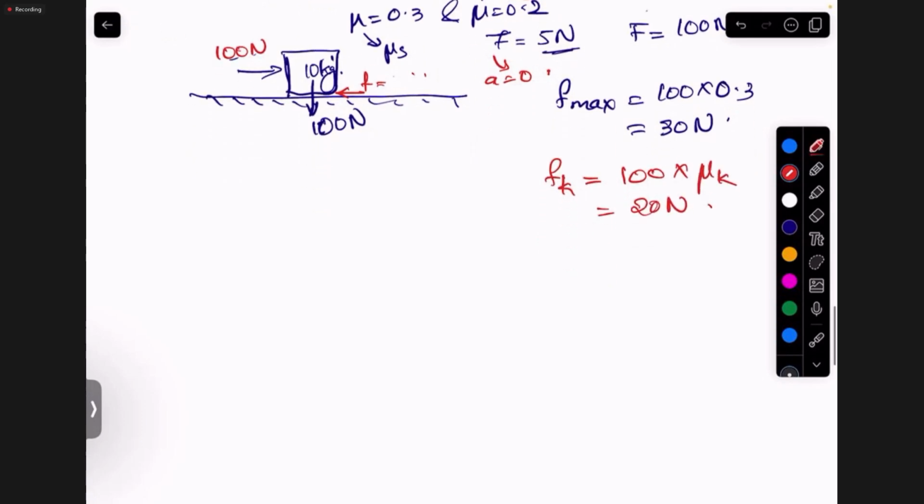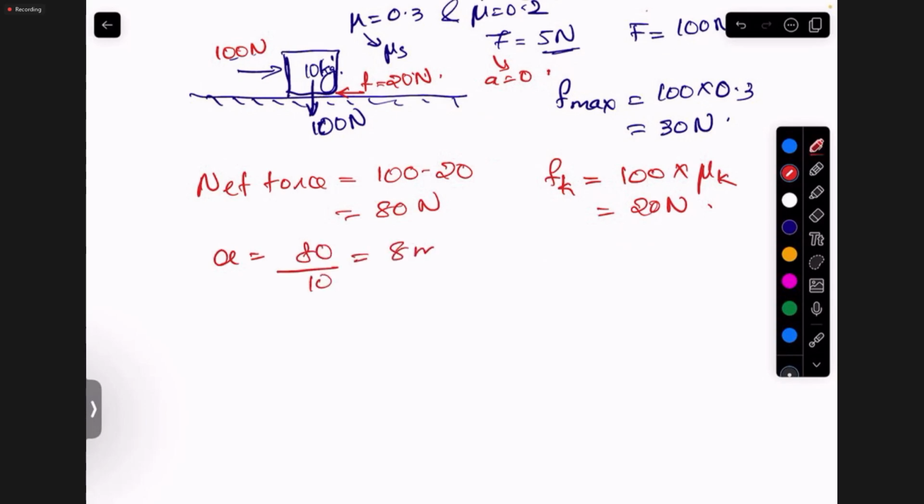So here it will oppose with 20 Newton. So the net force equals 100 minus 20 Newton, that is 80 Newton, and acceleration equals 80 by 10, that is 8 meter per second square.